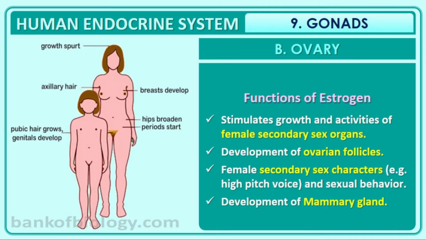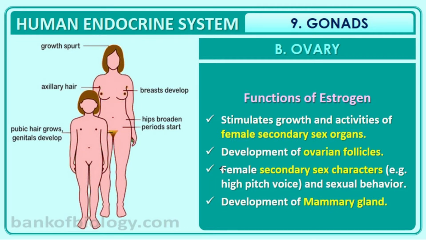Yes, here we can see what the functions of estrogen are. It stimulates growth and activities of female secondary sex organs, such as development of the breast and all, the formation of the pubic hair and the axillary hair.